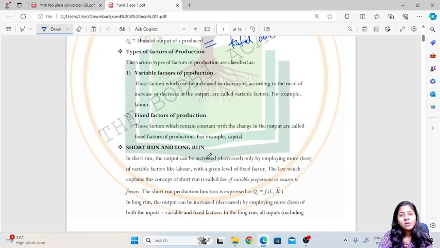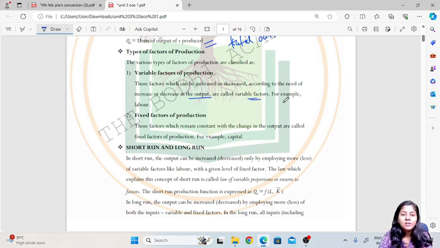Then we have the different types of factors of production, that is variable factors and fixed factors of production. Variable factors of production are those factors which can be increased or decreased according to the need of increase or decrease in the output. The variable factor example here is labor.